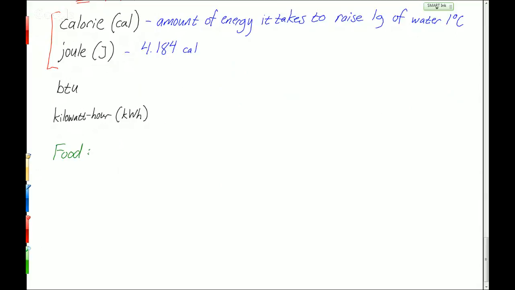So if you look carefully at your food labels, here I have one. Did anyone else have some food out that has a label? I don't think so. Okay, we'll look at mine.